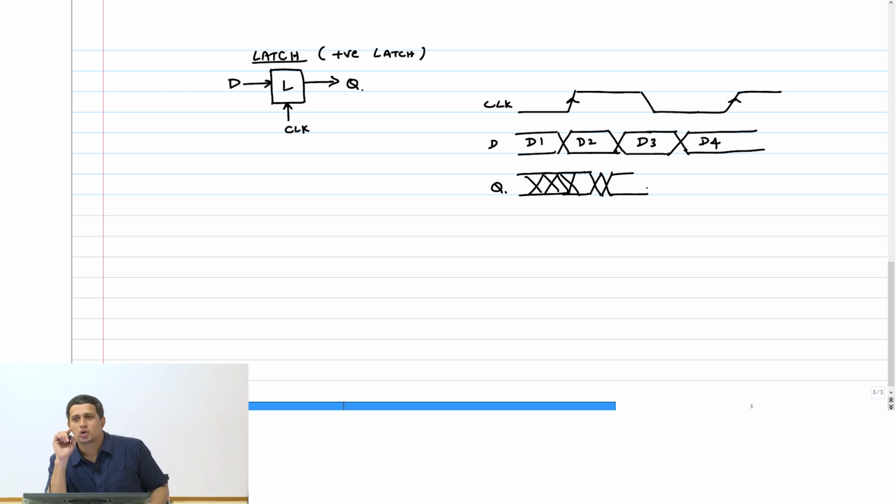This delay is caused by, is triggered by what? By clock or data? Remember, my data changed before the edge. The latch was opaque at that point. Then it became transparent.